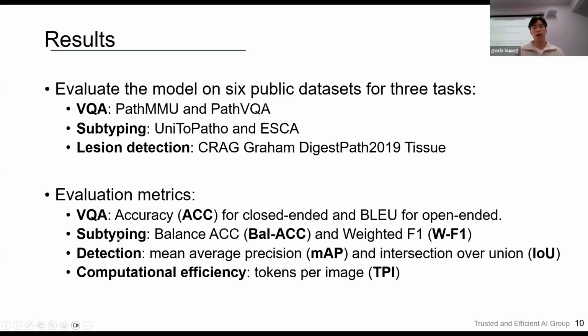For the subtyping, they utilize balanced ACC and weighted F1 because of the imbalanced classification for this task. And for the detection, they utilize the mean average precision and the intersection over union. And also, they utilize tokens per image to calculate the corresponding computational efficiency.